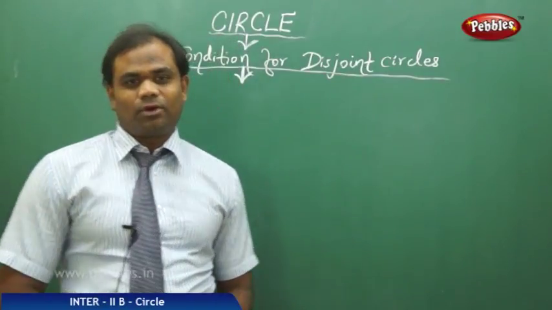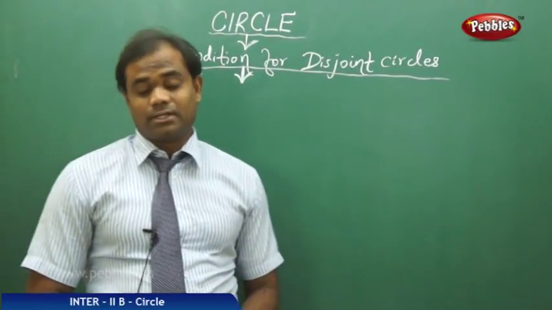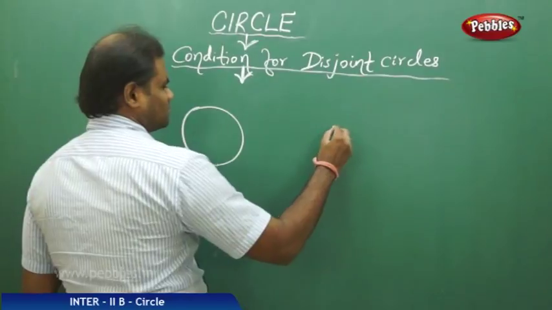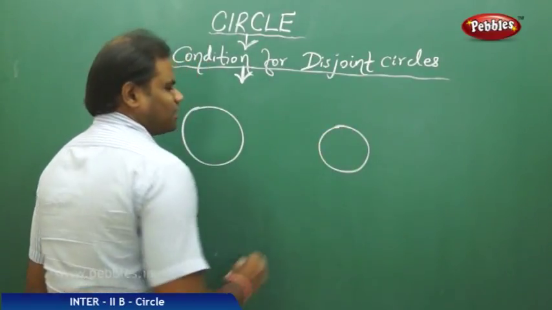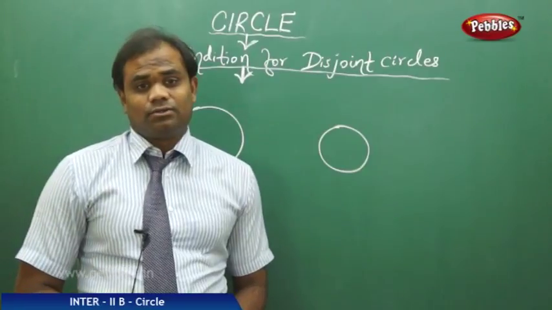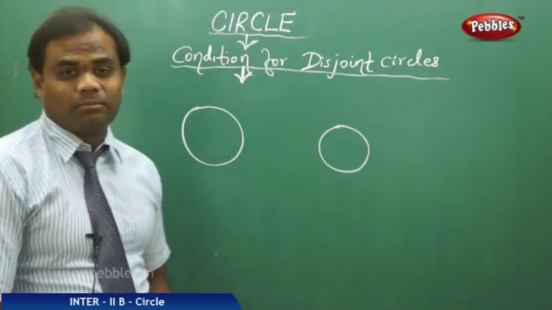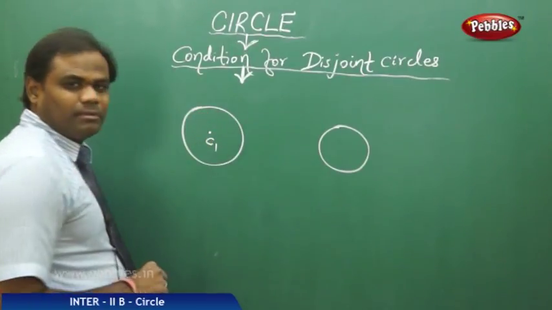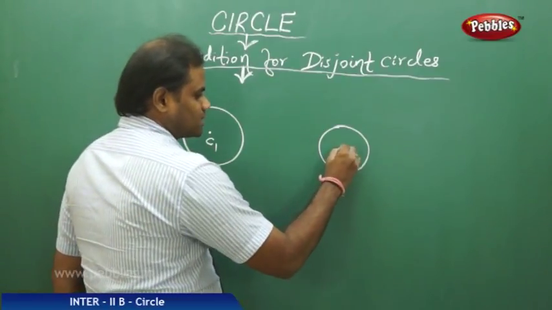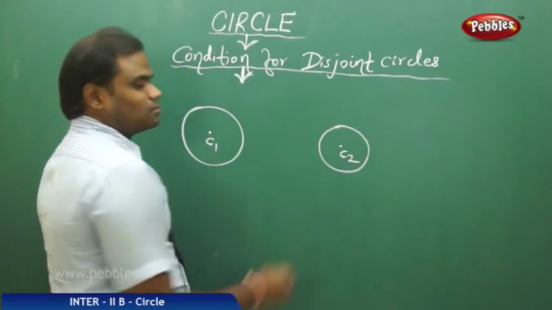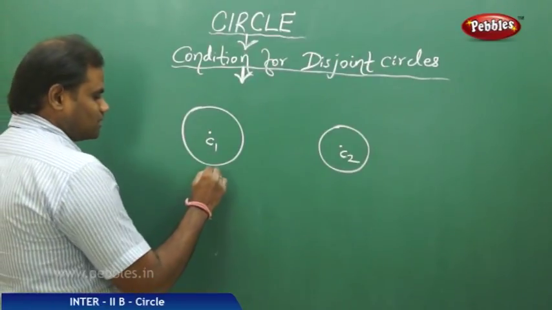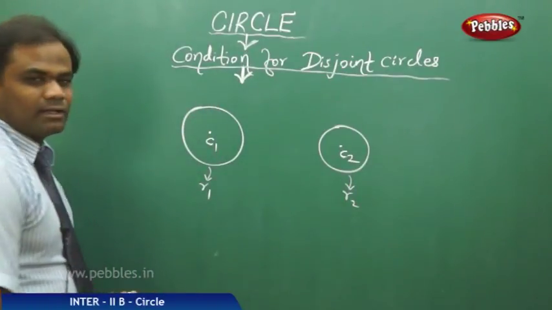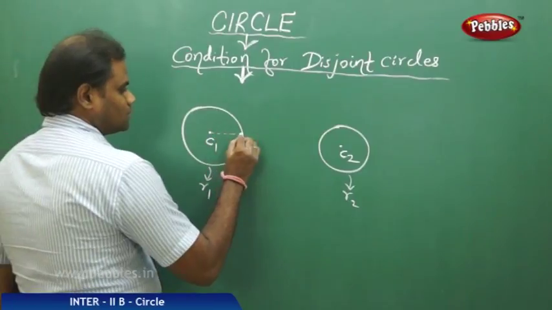Now let's see the mathematical condition for disjoint circles. If the two circles are disjoint, how do we identify the disjointness through a formula? Suppose I have two circles, circle 1 with center C1 and the second circle with center C2, and the radius of this circle is R1 and the radius of this circle is R2.